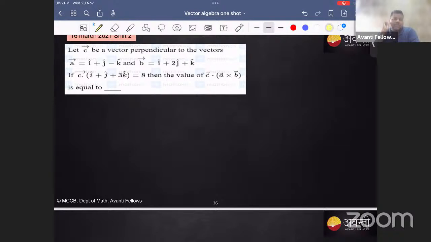Then find the value of C dot A cross B. Calculate C and give me your answer in the chat box. Attempt it quickly.